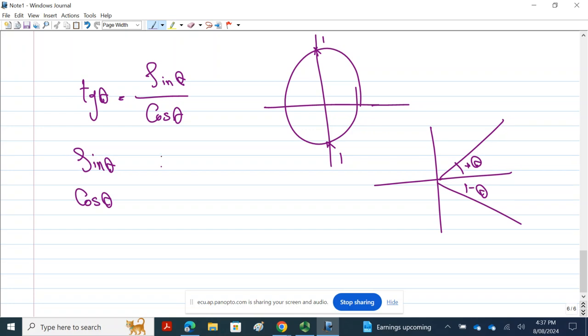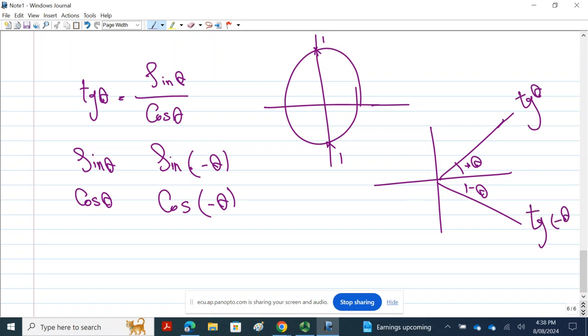Go and check what's the value of sine minus theta and cosine minus theta. And then divide them by each other. See how they change. Now, what happens is that this line here has the tangent of theta. This one here has the tangent of minus theta.